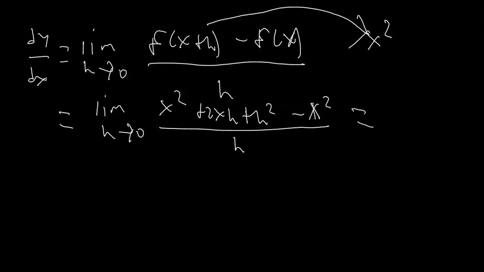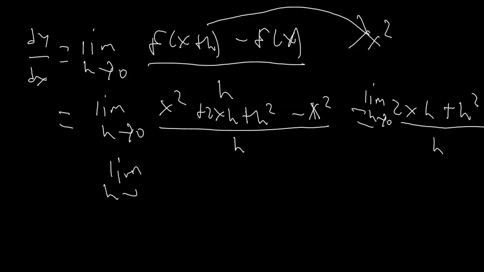Now this is equal to the limit, as h approaches 0, of 2xh plus h squared over h, and then we have the limit as h approaches 0 of 2x plus h, and then this is equal to 2x.